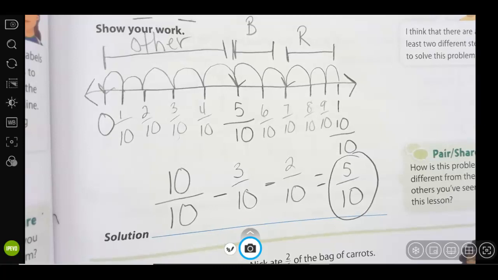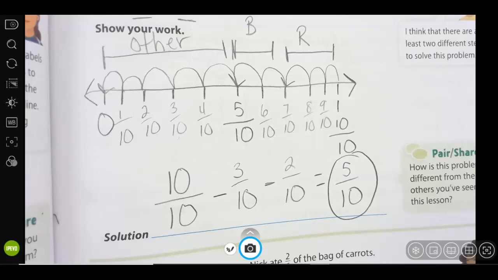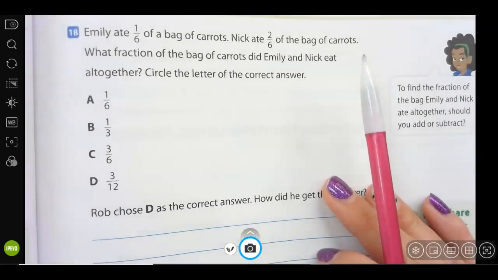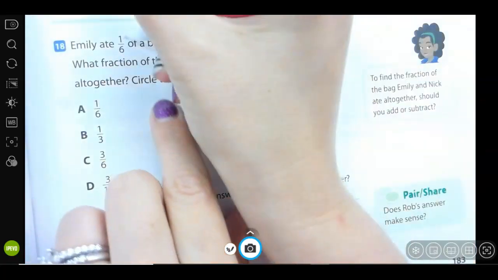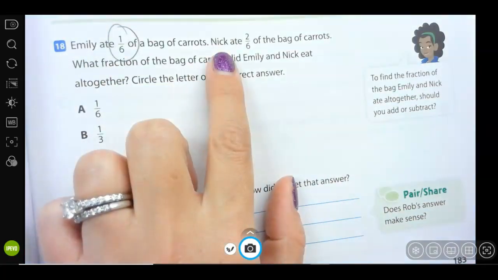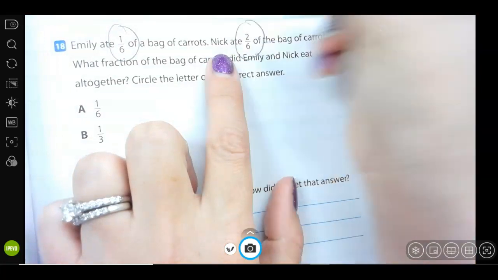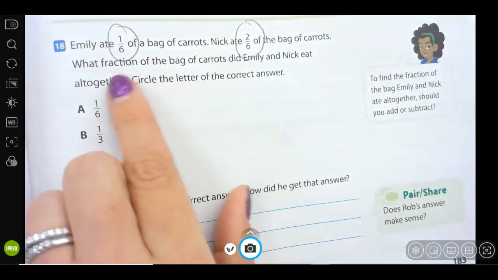Give me a thumbs up if you're ready to do our last one, number 18. Okay. Emily ate 1/6 bag of carrots. Nick ate 2/6 of the bag of carrots.